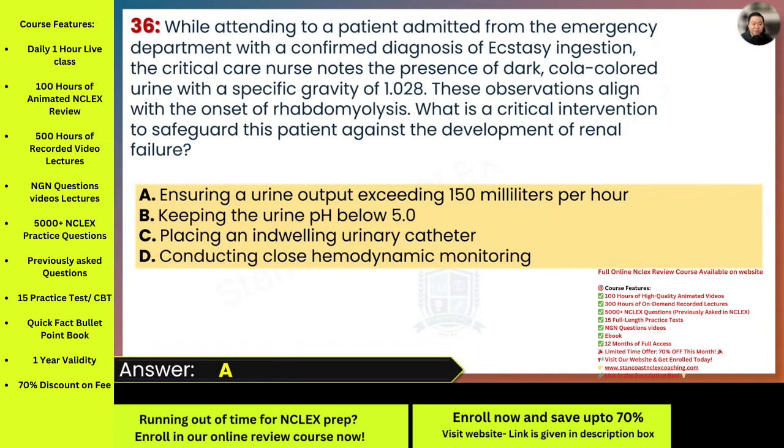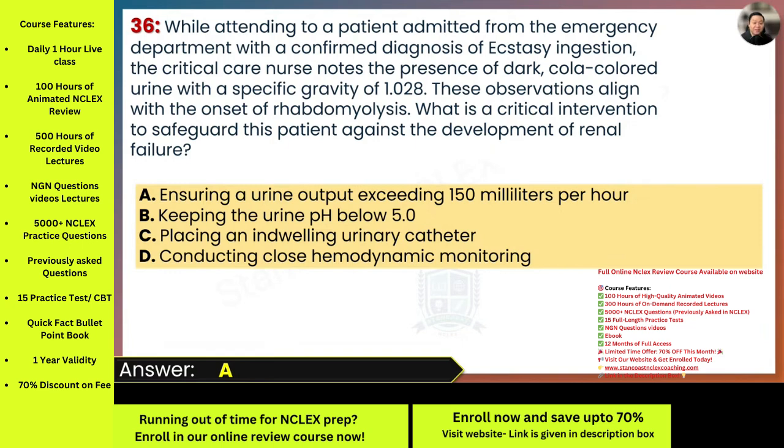Now, why is B incorrect? Keeping the urine pH below 5. Well, this is counterproductive in the case of rhabdomyolysis because when the urine pH is low, it will encourage the breakdown of myoglobin into toxic substances that will contribute to the kidney damage.